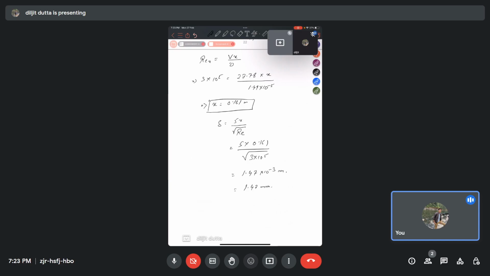So you can see how thin the boundary layer is even at a distance of 0.16 meter, which is 16 centimeter.